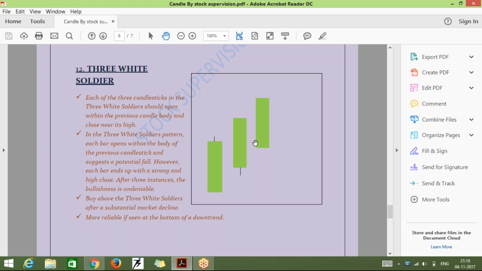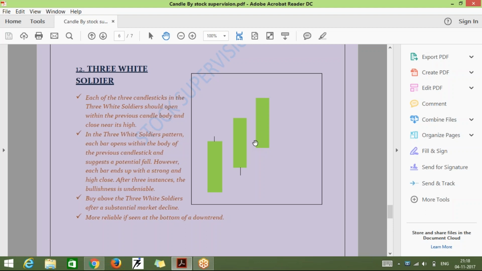I'm not saying that it should be in a daily chart itself, but as far as I have seen, I have taken trades based on this. It is considered powerful and effective in an hourly chart also.